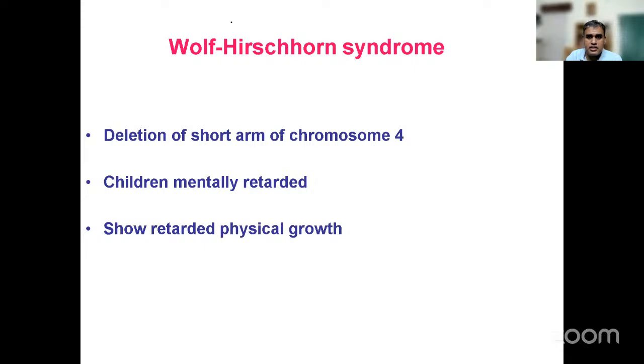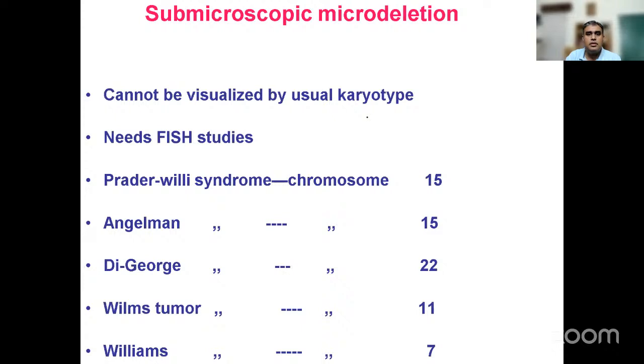Remember 5p deletion. And this is Wolf-Hirschhorn syndrome, deletion of the short arm of chromosome 4, that is 4p. That is WH syndrome. Children are mentally retarded and show retarded physical growth. Then there is submicroscopic deletion, a very small deletion. It cannot be visualized by karyotype. It needs FISH studies.